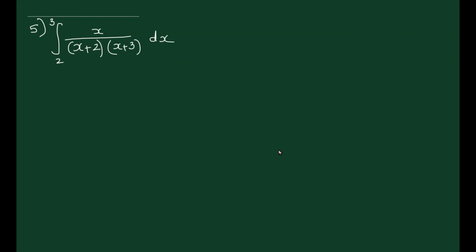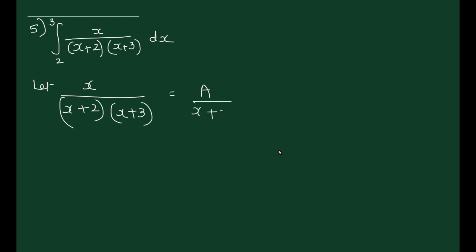We write over here, let, if you remember, x upon (x plus 2) into (x plus 3) is equal to a upon x plus 2 plus b upon x plus 3.